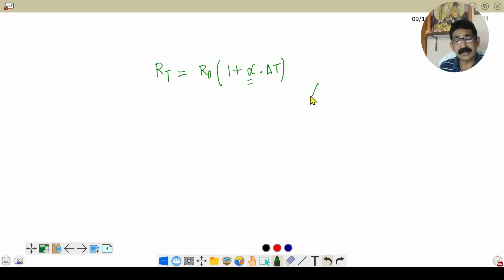Alpha is known as the temperature coefficient of resistance.